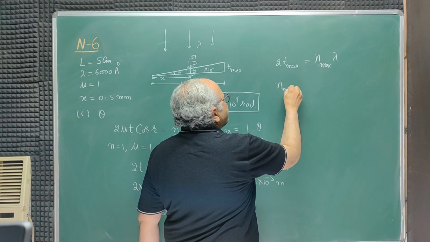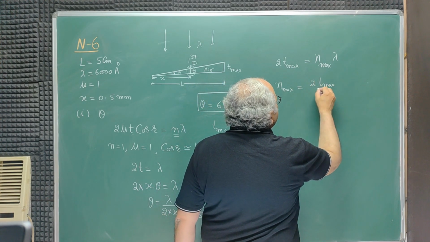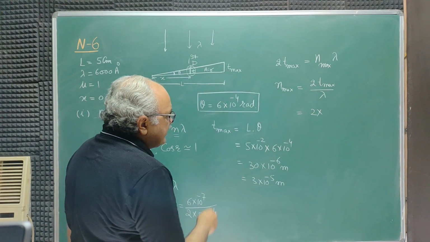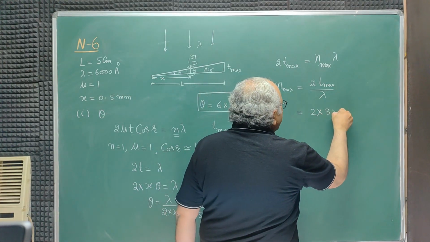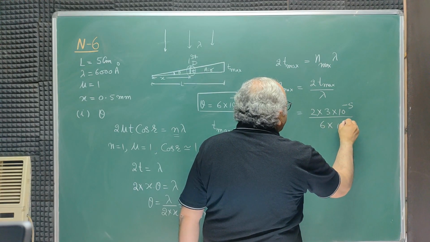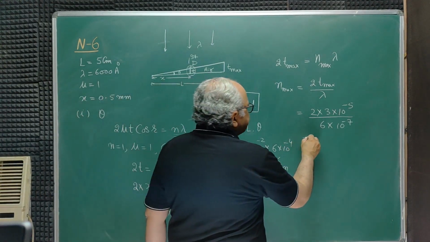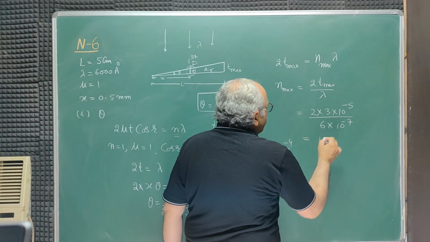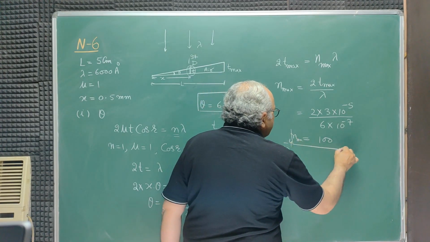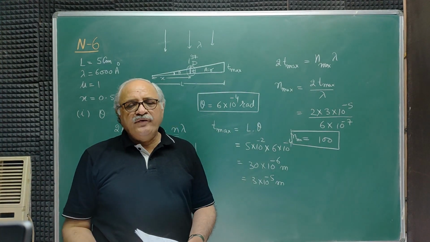N max will come out to be 2T max divided by wavelength, where T max is 3 into 10 to the power minus 5 and wavelength is 6 into 10 to the power minus 7. We can easily calculate this. It comes out to be 100. So the maximum number of fringes available in this region is 100.